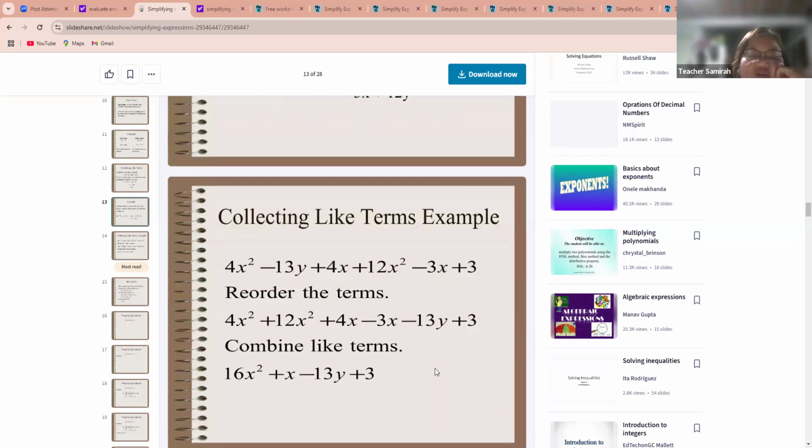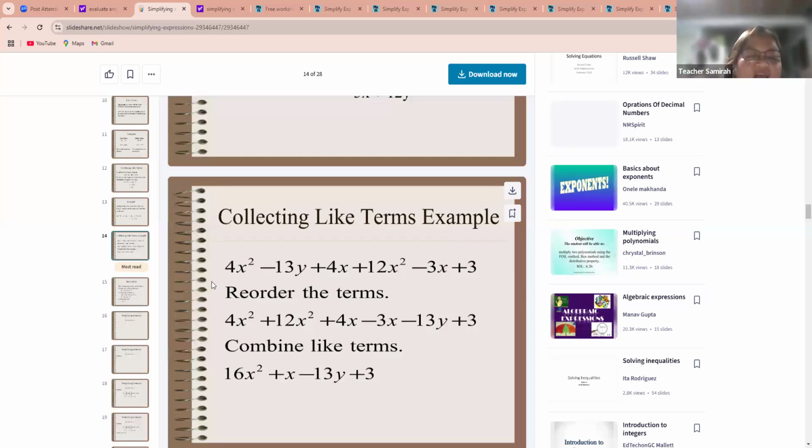Collecting like terms. If you see an algebraic expression such as this one, what you need to do is to reorder the terms. What does it mean to reorder? It means that you need to arrange it by order. All those which have the same variable, may it be different in power, should be placed on one side, and the other same variable will be placed on the other side.